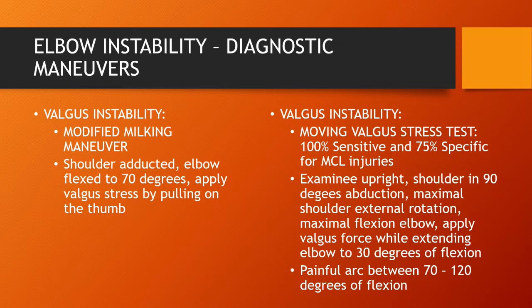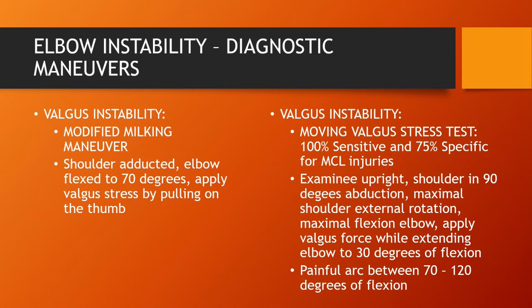Now simply apply a valgus force to the elbow, attempting to open the elbow medially while extending the elbow through an arc of 60 degrees of range of motion, from maximal flexion of about 90 degrees to only 30 degrees of flexion.